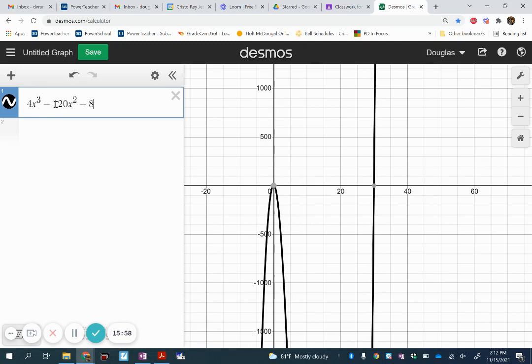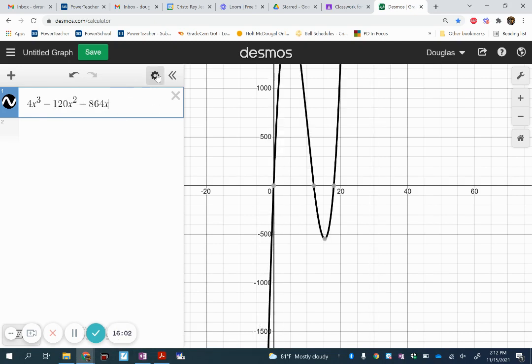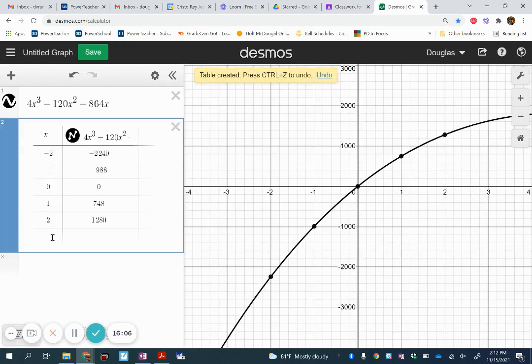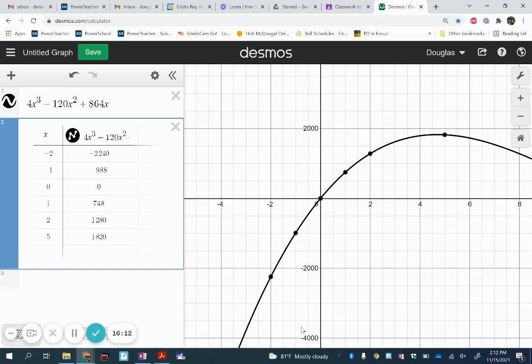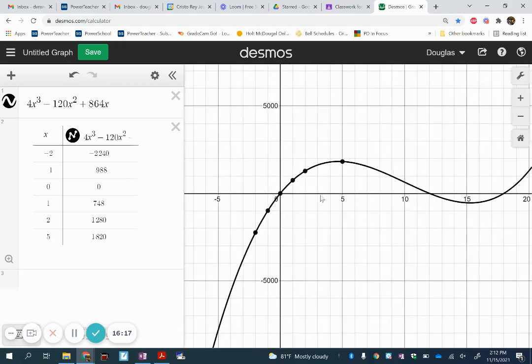And then plus 864x. Make a table if you would like. So you can zoom in. Not going to want to zoom in there because my x value is, I'll say 5, because I care about the one that's at 4. I can zoom over and see what's happening between 0 and 12 is my max.